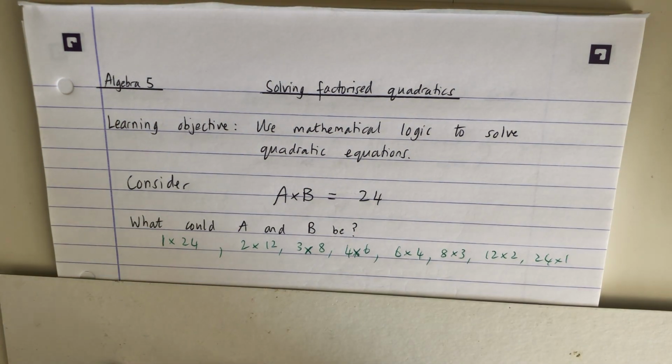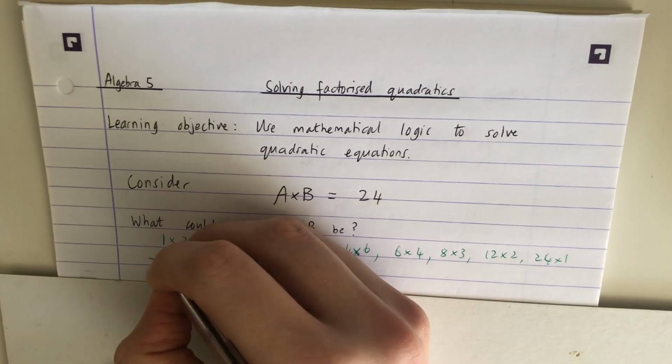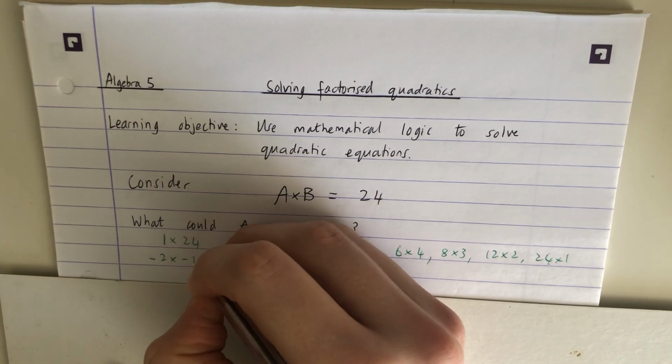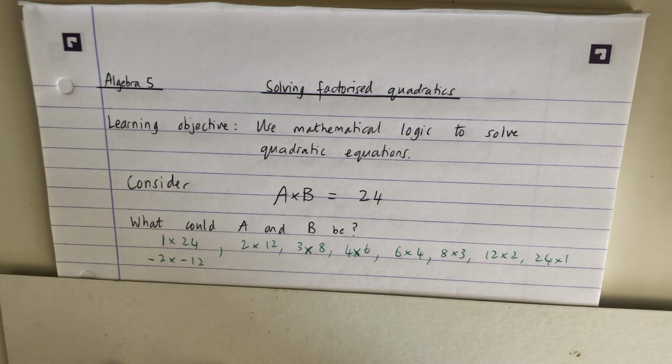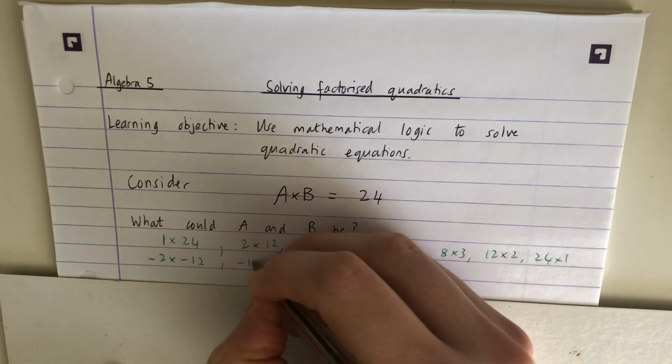Are there any other answers that I missed out? Yes, lots of them, because when solving equations the answers don't have to be whole numbers. They could be negative numbers or decimals. You could have minus 2 times minus 12, or minus 12 times minus 2.